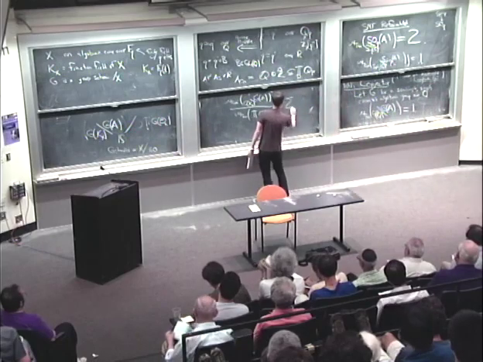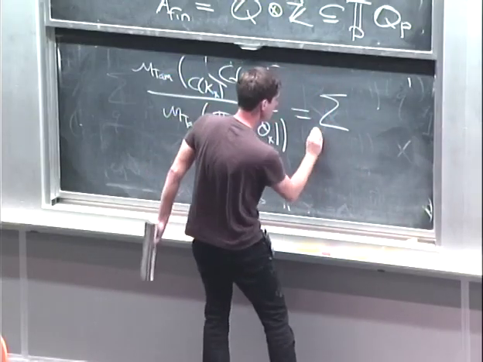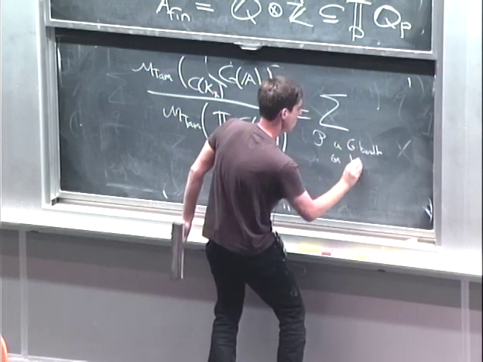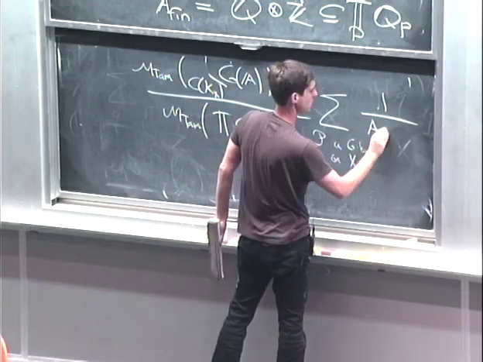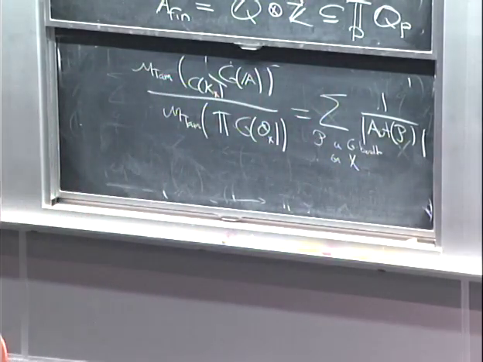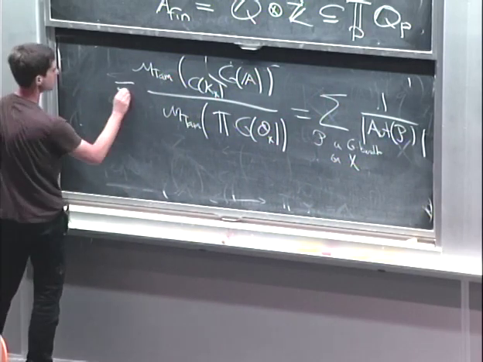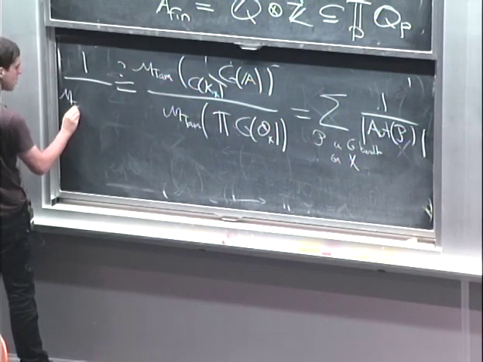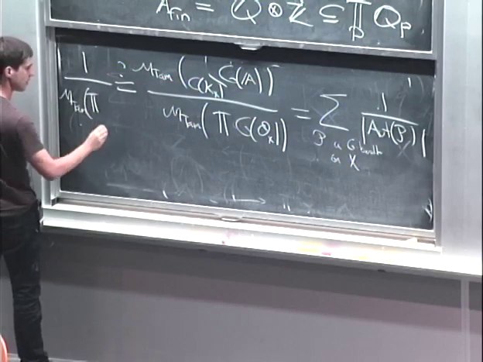And what this is, is the sum over all G bundles P of 1 over the size of the automorphism group of P. So conjecturally, the numerator of this expression is supposed to be 1. That's what Weil's conjecture says. So we're wondering, is this 1 over the Tamagawa measure of the product?